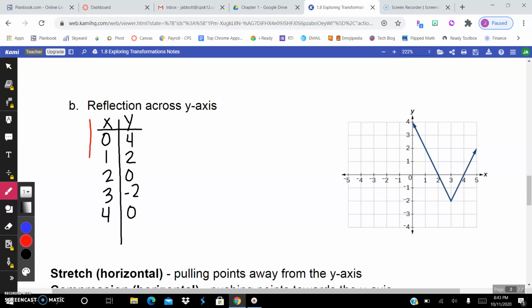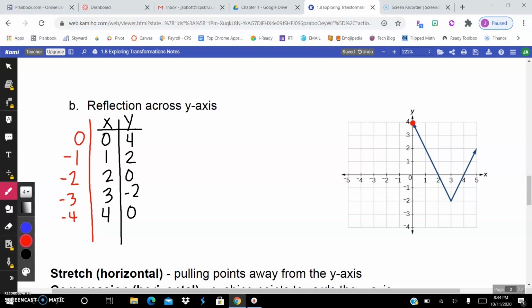So we're going to make a new column over here for a new x value, and we make our x's all opposite. So 0 is just going to be 0. 1 will be negative 1. 2 would be negative 2. 3 would be negative 3, and 4 would be negative 4. And then we're going to plot those new points on our graph over here. So 0, 4, over 0, up 4, is not going to change.